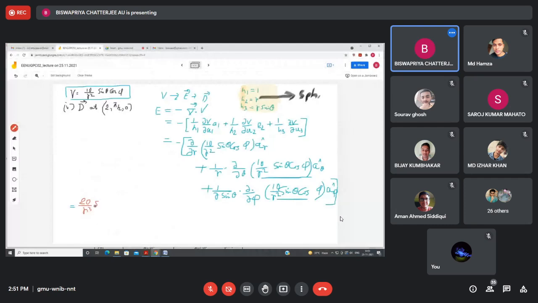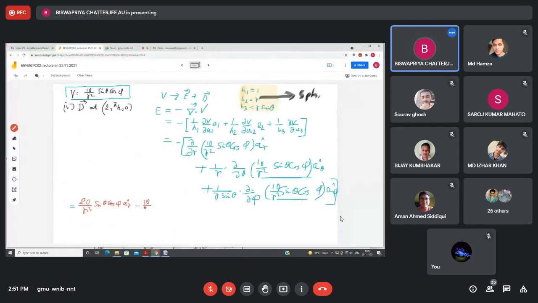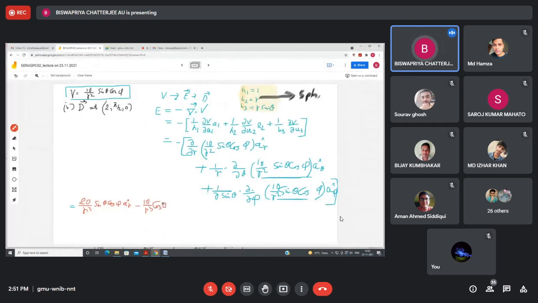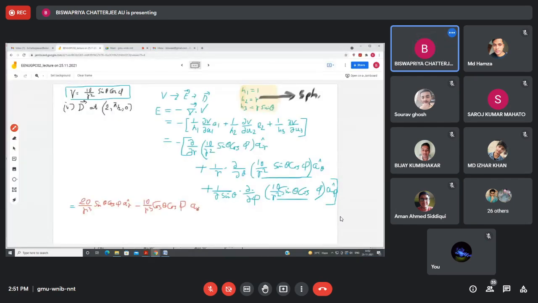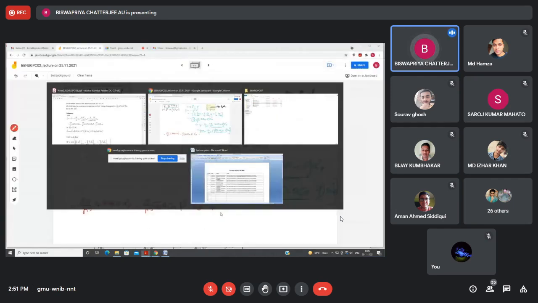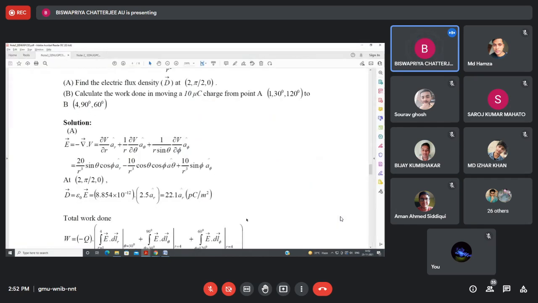sin theta cos phi a r cap, minus 10 upon r cube cos theta cos phi a theta cap, then plus 10 by r cube sin phi a phi cap.